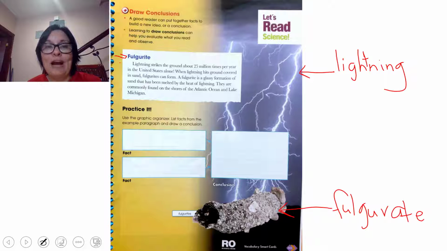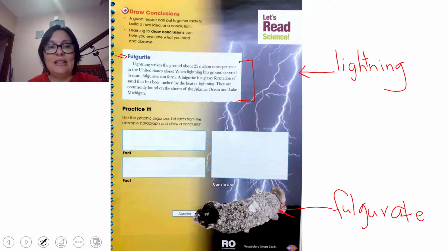They are commonly found on the shores of the Atlantic Ocean and Lake Michigan. So guys, what we're reading here is scientific information. So what we have in this text is only facts, and we can draw conclusions after reading facts.